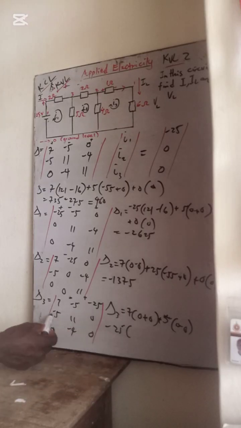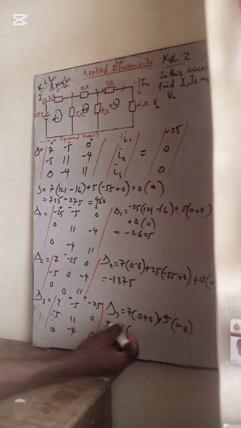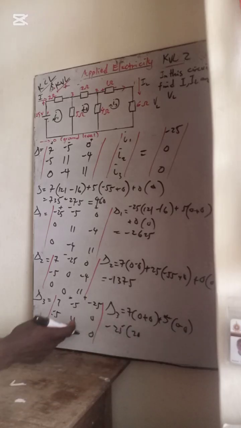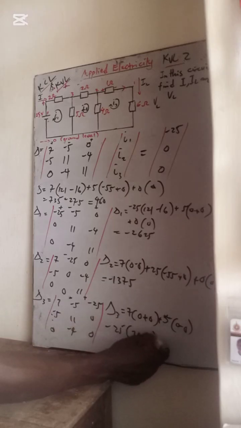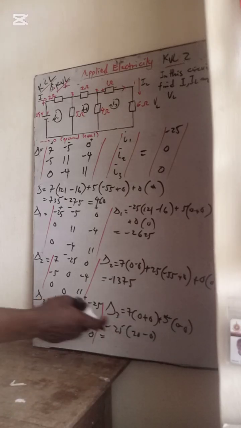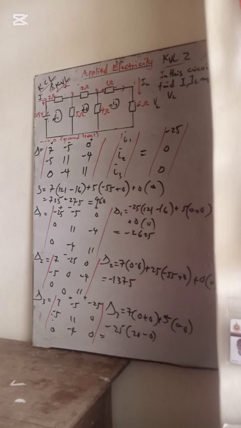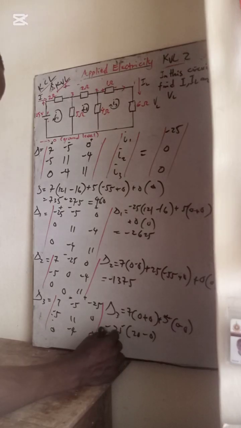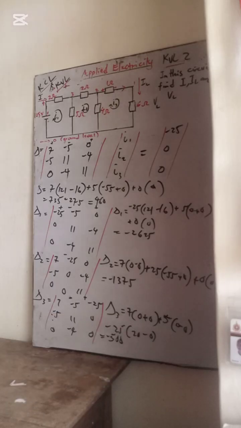We are using this multiplied by this, which is 20, and minus 0. So the answer is minus 25 times 20. So let's see, 25 times 20, that's 500, minus 500.